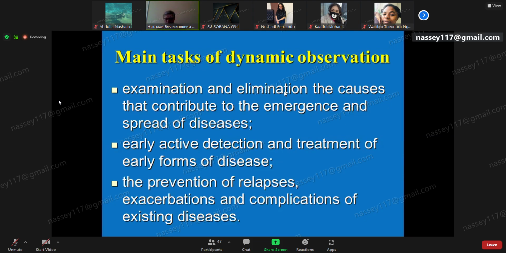Next, prevention of relapses, for peptic ulcer, for example. Prevention of exacerbation, as for bronchial asthma, and complications of existing diseases, such as progression of MI and development of chronic heart failure on this background.